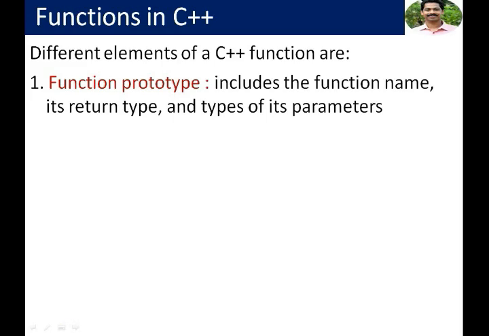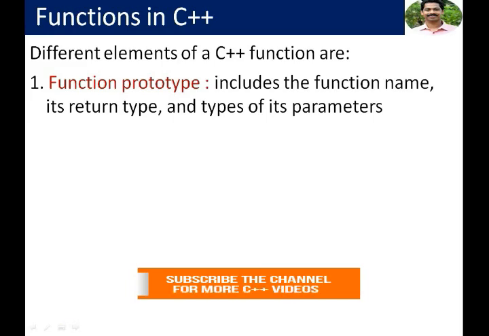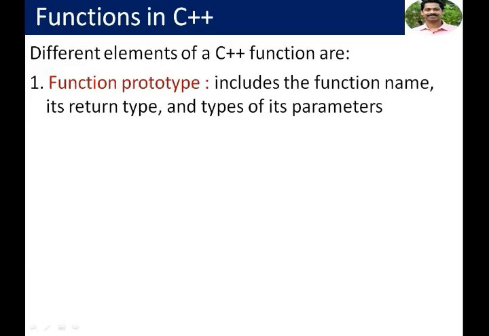Usually, we write function prototypes at the beginning of every C++ program. A function prototype tells the compiler that we are going to use a function of this kind in this program. So during the prototype definition, we must mention the name of the function, its return type, and the types of its parameters.